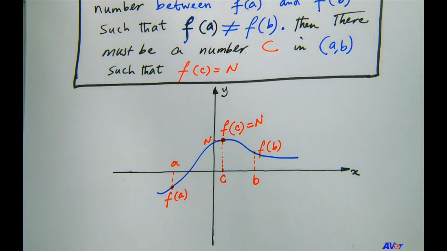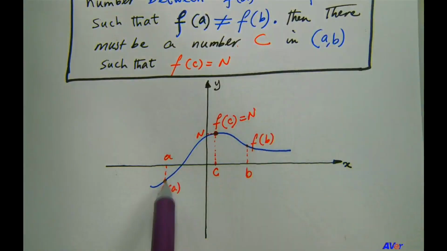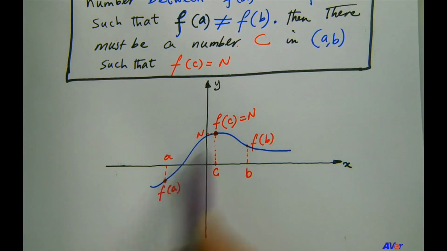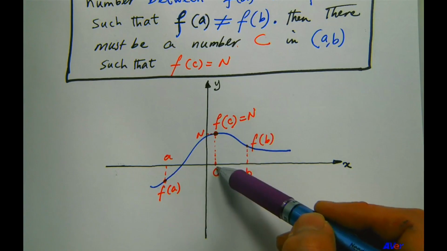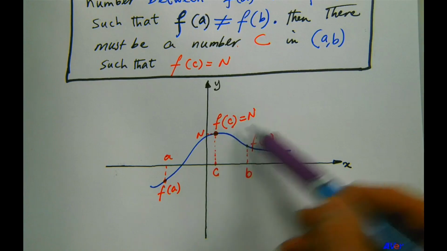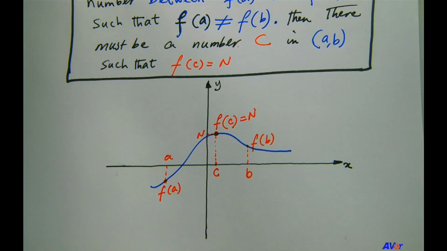So all this is saying is that if this continuous function exists on the interval a, b, then there must be some number in between them, let's call it c, such that for that value the function is also defined. Okay, so we've talked about several notes and theorems. Now let us work on some examples.